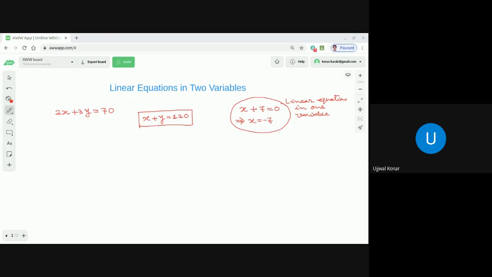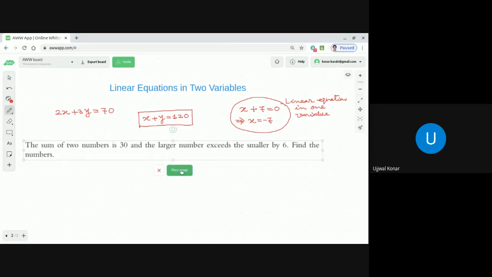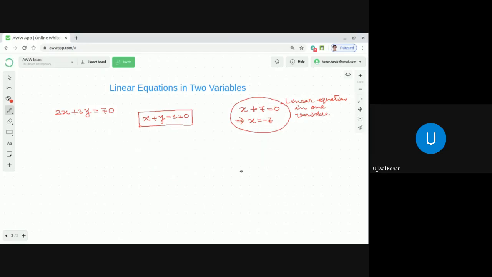Let me place the question in front of you. So what is the question here? The sum of two numbers is 30, and the larger number exceeds the smaller by 6. Find the numbers.